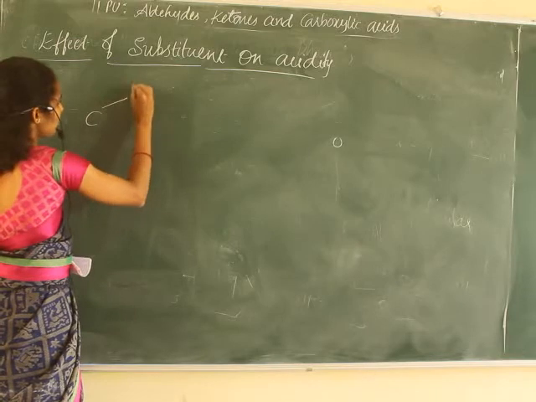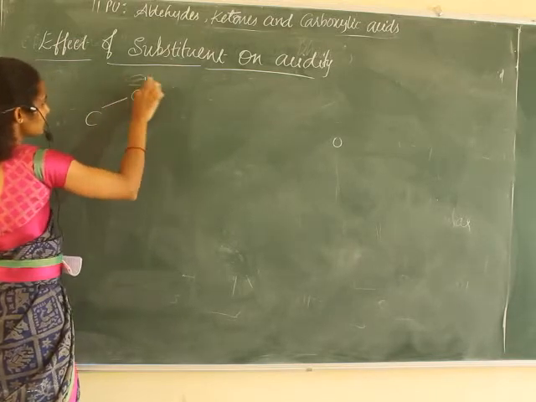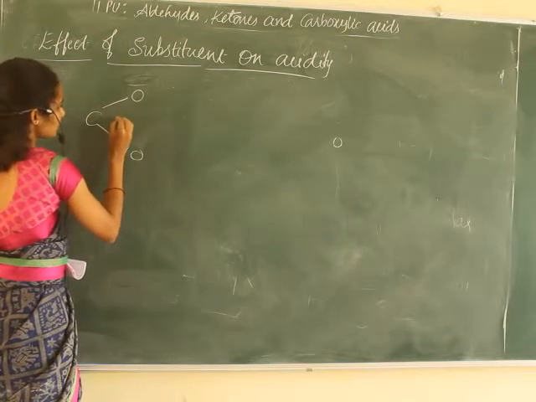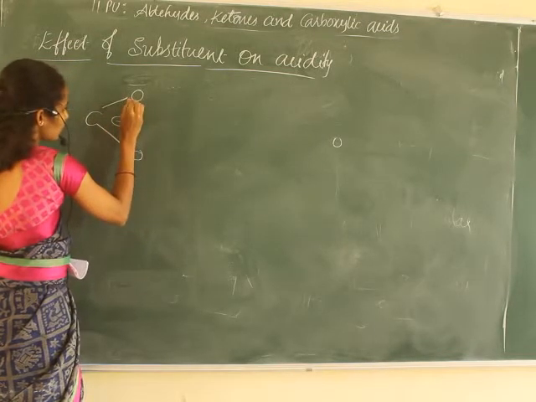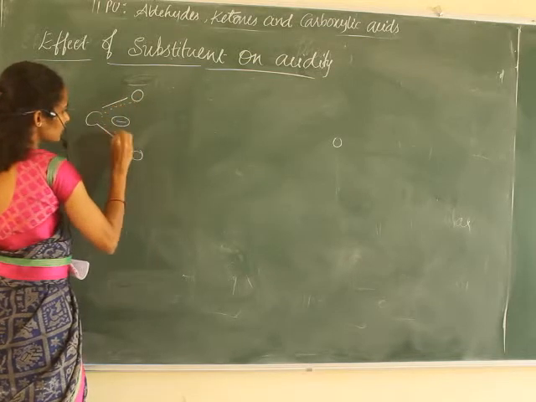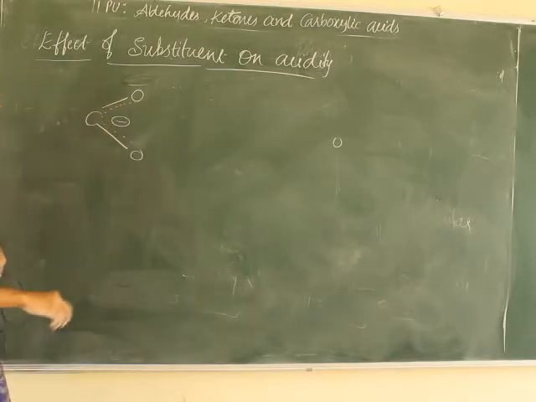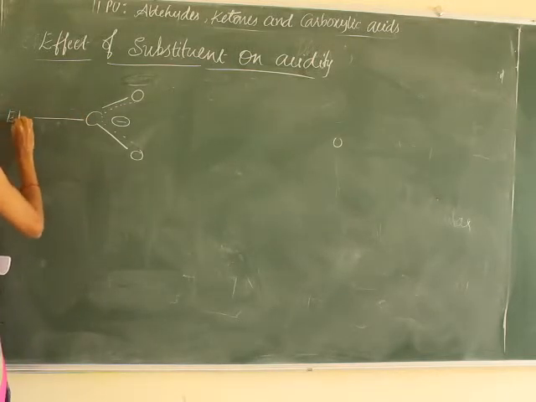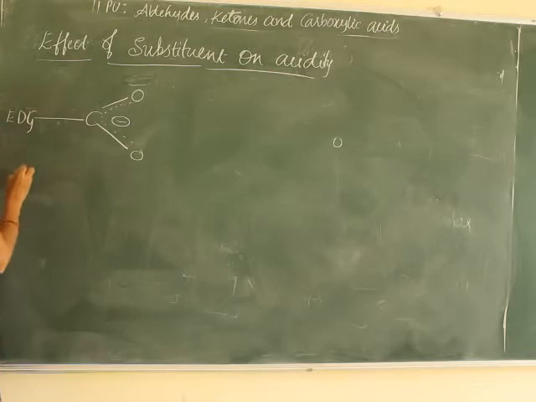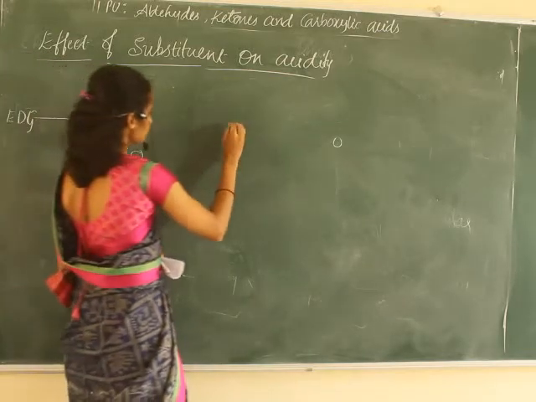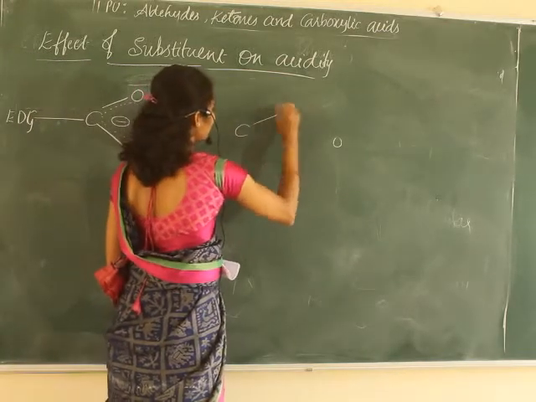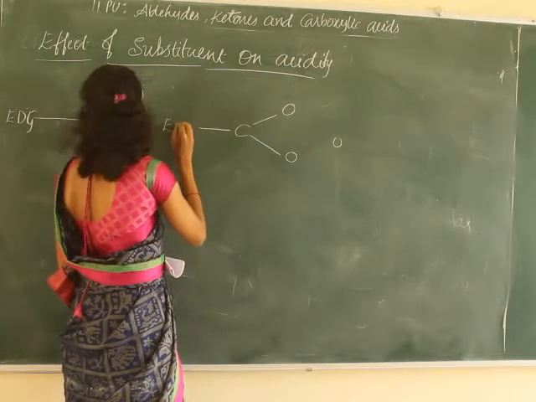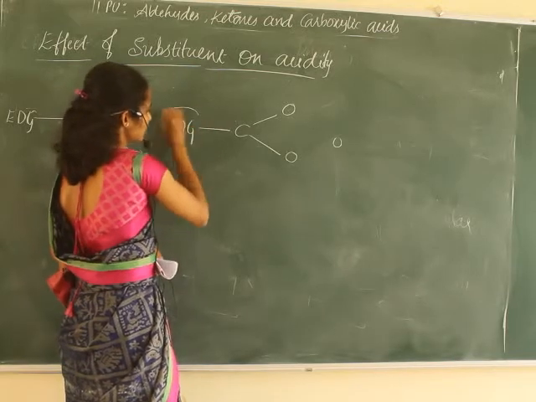As I said, with carbon and oxygen, the negative charge is delocalized throughout, right? That is, this minus charge is delocalized between these two oxygen atoms. Suppose an electron donating group is present, or an electron withdrawing group is present.